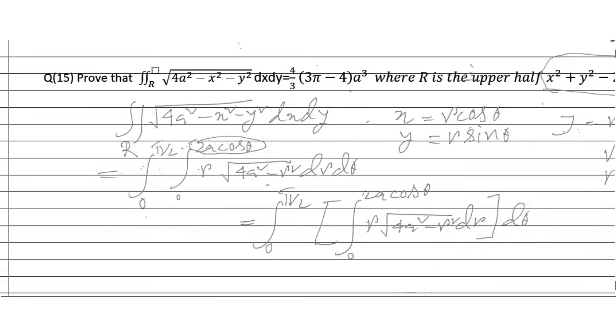Now take 4a squared minus r squared equal to t. So minus 2r dr equals dt. So what can I do?